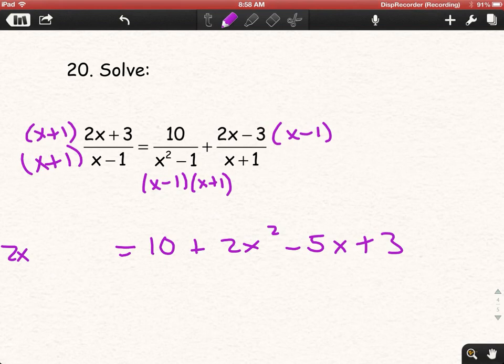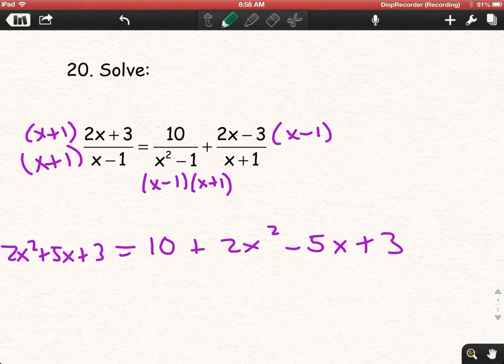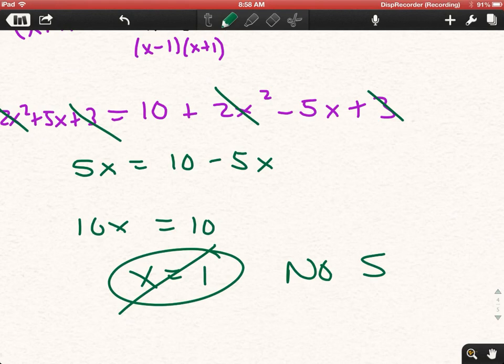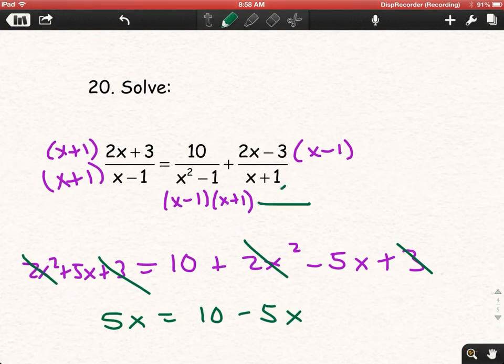That'll become 2x squared plus 5x plus 3, and then we could start to cancel. Those go, those go. This becomes 5x equals 10 minus 5x, which becomes 10x equals 10, x equals 1. No solution because x cannot equal 1.